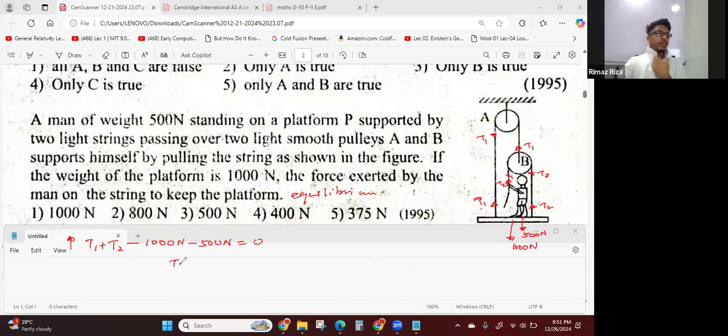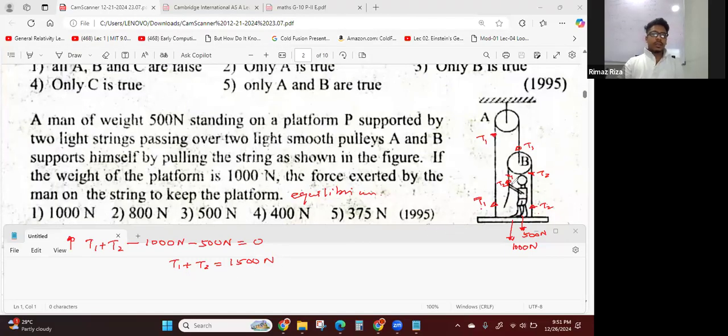Okay, so then we get T1 plus T2 equals 1500 newtons. So that is obvious. These two forces have to carry this weight. T1 plus T2 equals 1500 newtons.